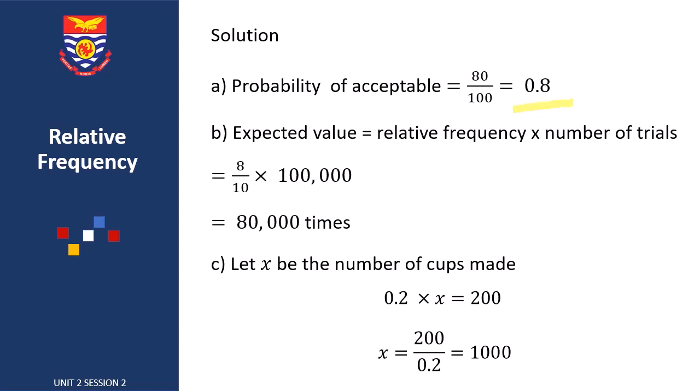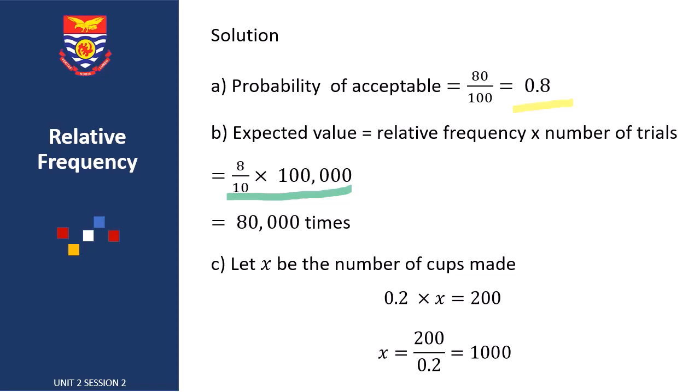So if 100,000 cups were made, how many will be acceptable? That is multiplying the relative frequency times the number of trials. The number of trials is the number of cups being made, that's 100,000. So 8 over 10 multiplied by 100,000 will give us 80,000.